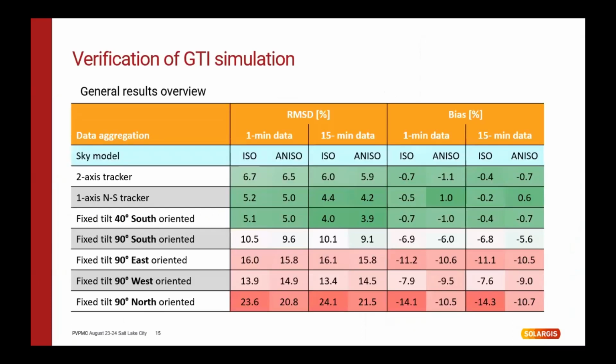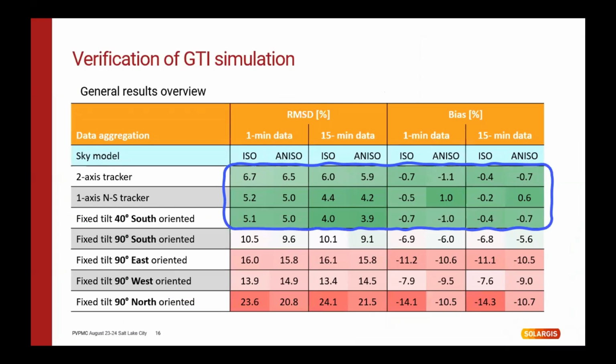So what are the results? It was quite surprising for us because we can see here mounting types with very good performance of this model, but we see also, if you look at the bias, some of the mounting strategies which have quite big deviation.